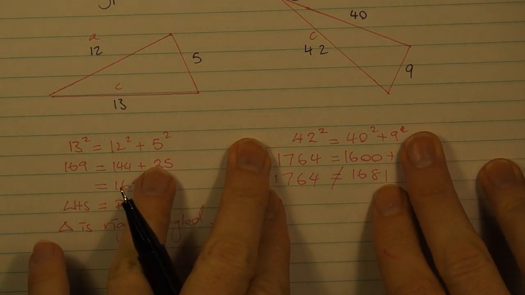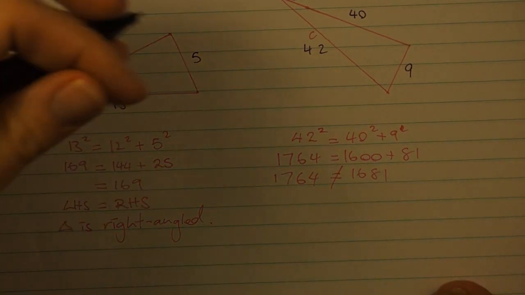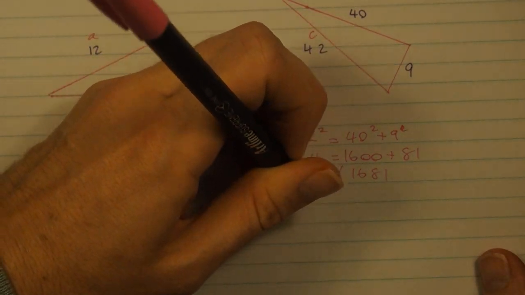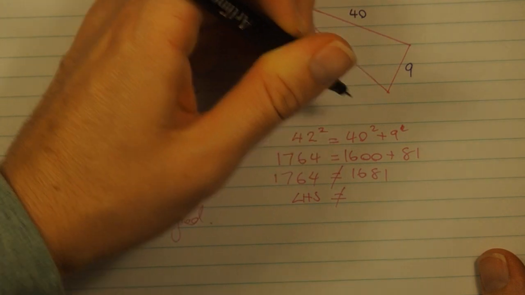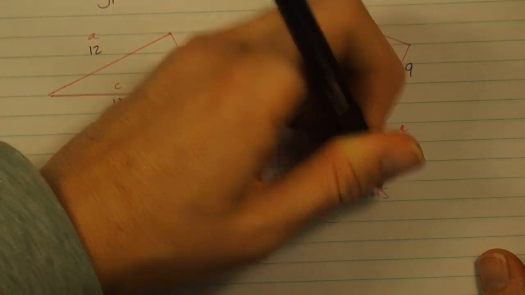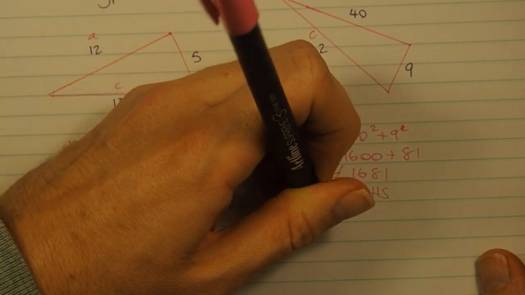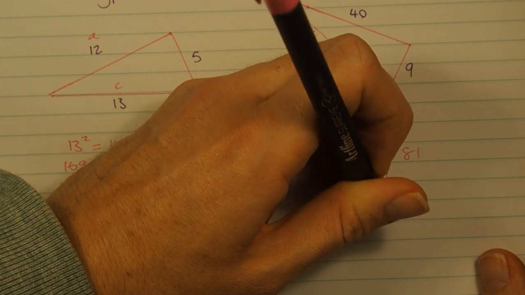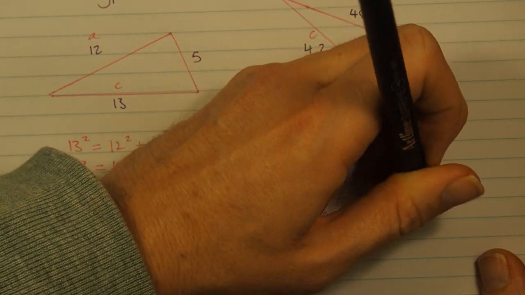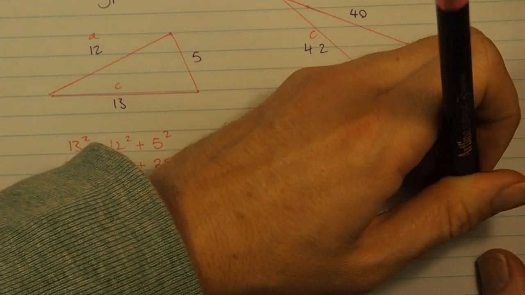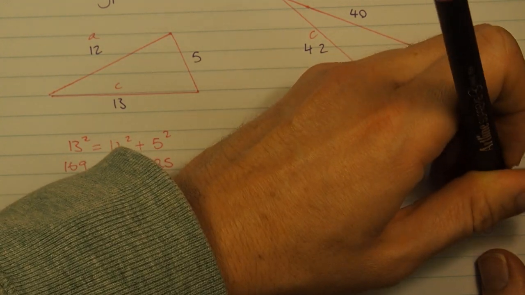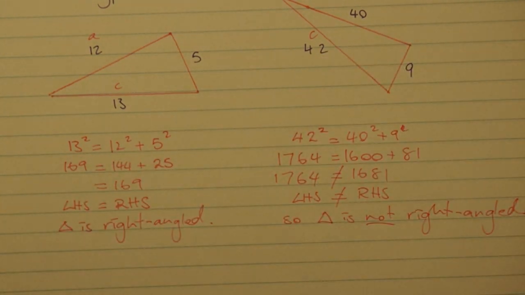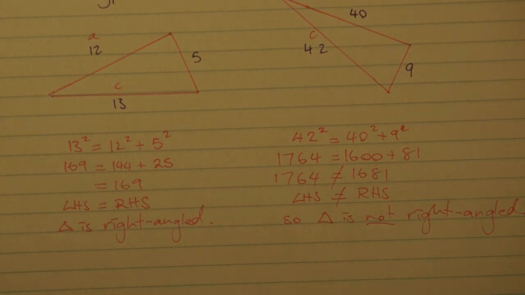This is our working out, and now we put down our answer. Our answer is that the left-hand side, again, does not equal the right-hand side. So the triangle is not right-angled. You don't have to underline not, I just have for emphasis. So that is testing for right-angled triangles.